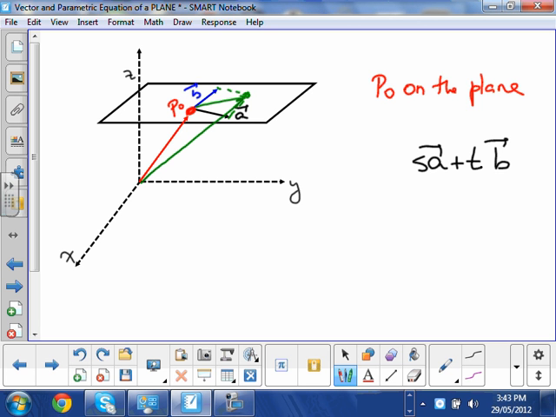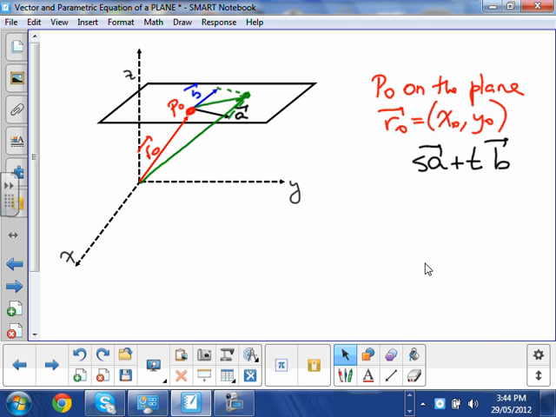Okay, so basically, what did I do there? I said, multiply A by a scalar, B by a scalar. In my case, it was 1 and 1, and then add it to the position vector R0. R0 is defined as x0, y0. So that point makes sure I do not talk about all the parallel planes there.